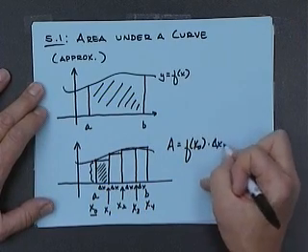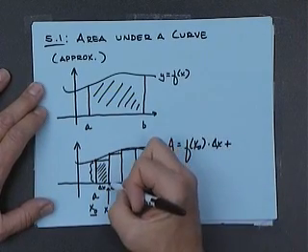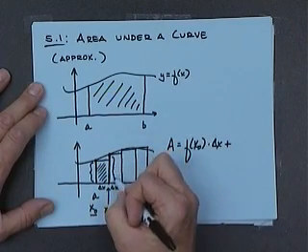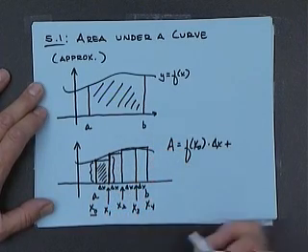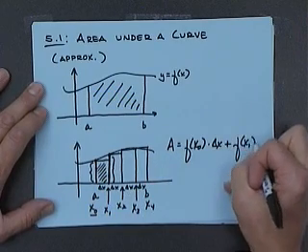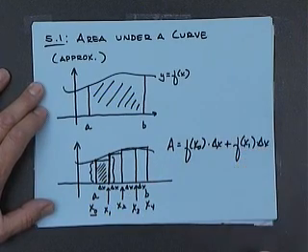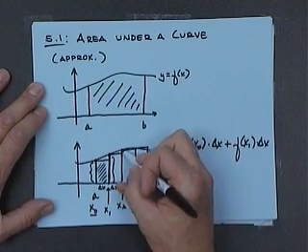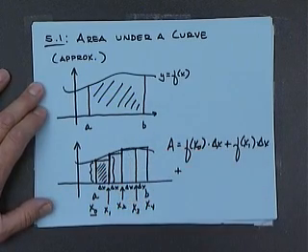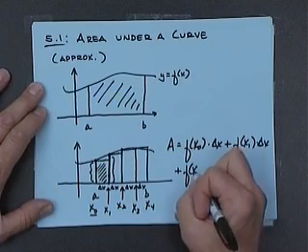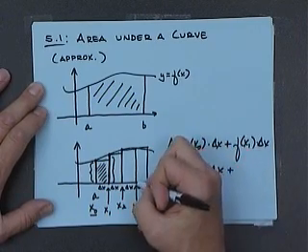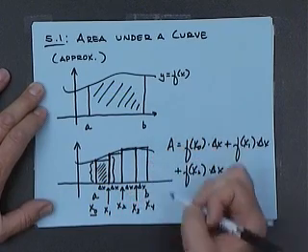Delta x. The next rectangle, here's how tall that is. How tall is that? f of x1. The next rectangle, that distance generates its height, f of x2. And our last rectangle, f of x3.